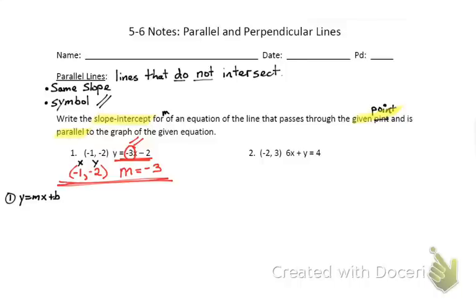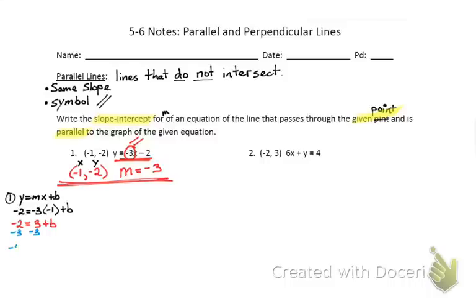So we're going to say -2 equals m, which is -3, times x, which is -1, plus b. And we're simply going to solve for b now. So we should have -2 equals +3 plus b, and then subtract 3 on both sides.